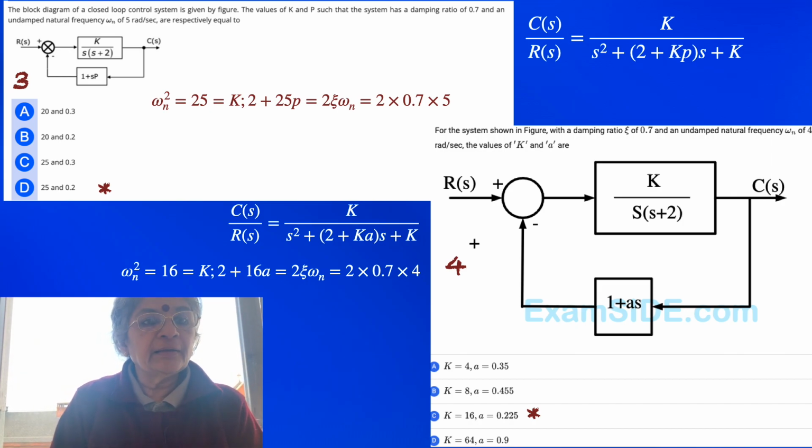So in this case also, the fourth option is coming out right, that is k is equal to 25, which we obtain from omega n square is equal to 25 as given by the only constant in the denominator of the overall transfer function.